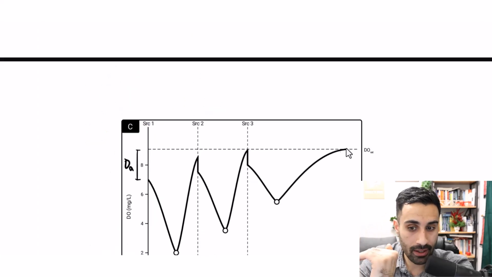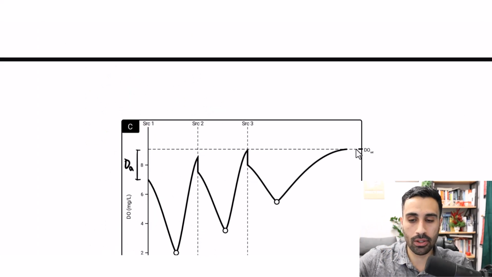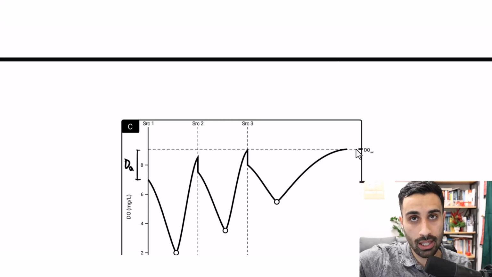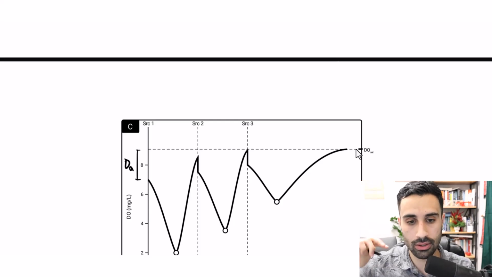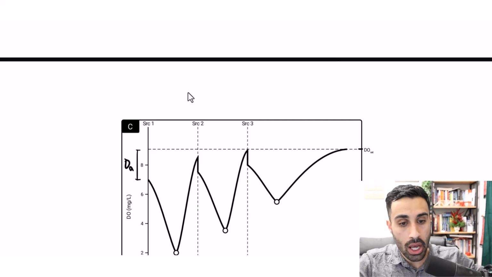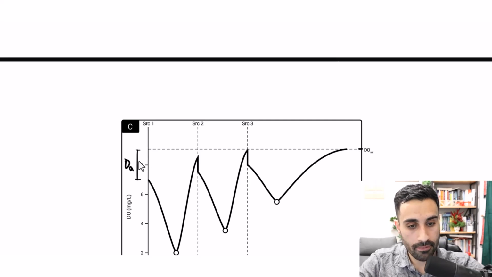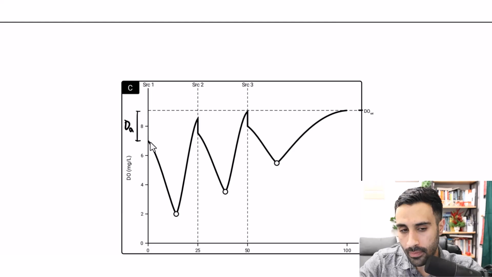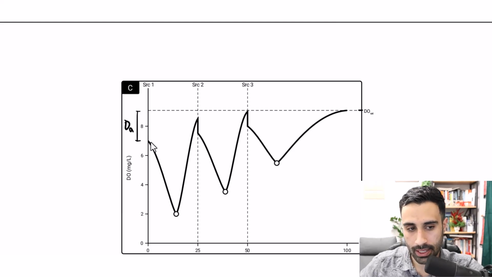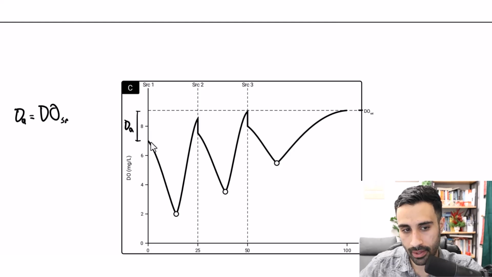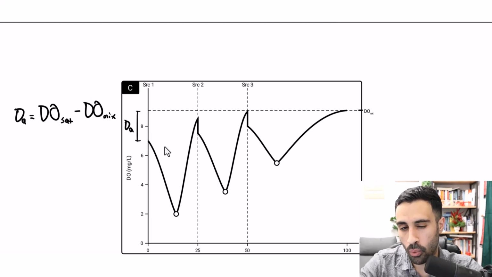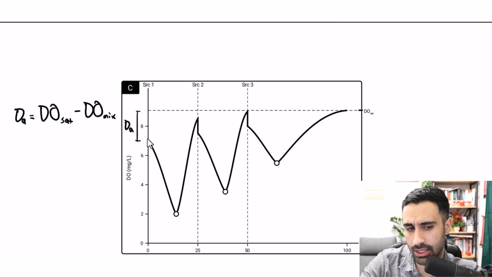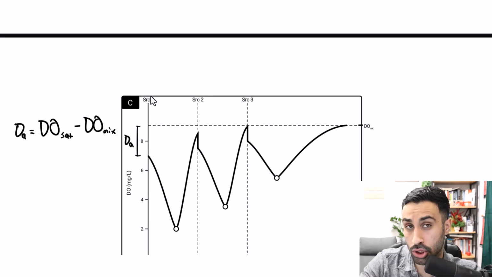So we have that deficit from the maximum dissolved oxygen we can get for that river, which depends on the temperature of the river. That deficit can be determined by taking dA equals DO sat minus the dissolved oxygen in the mix itself, which will occur at source 1.